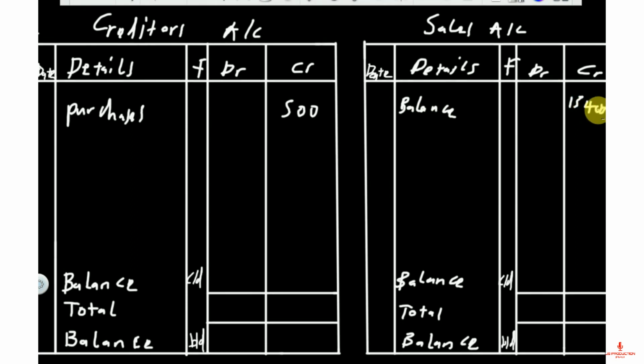I said that two types of accounts were affected, we had bank and sales. So we're going to say bank, and this is going to be recorded on the credit side since the goods were sold by the business.